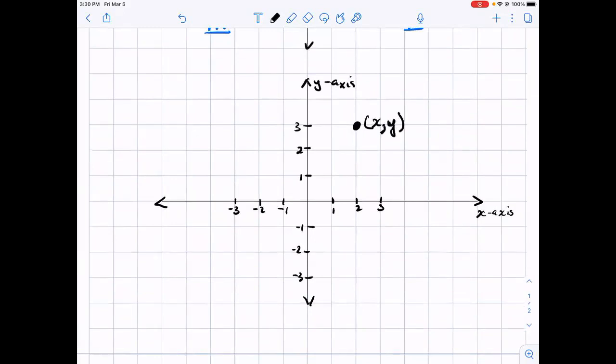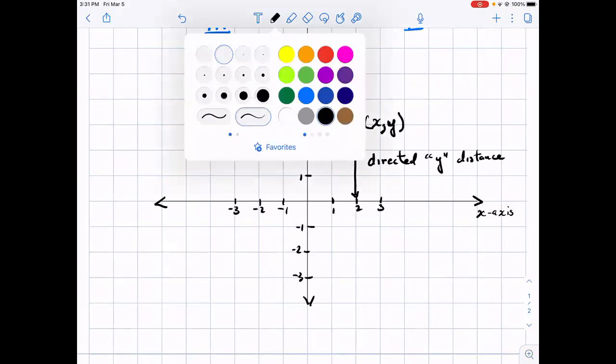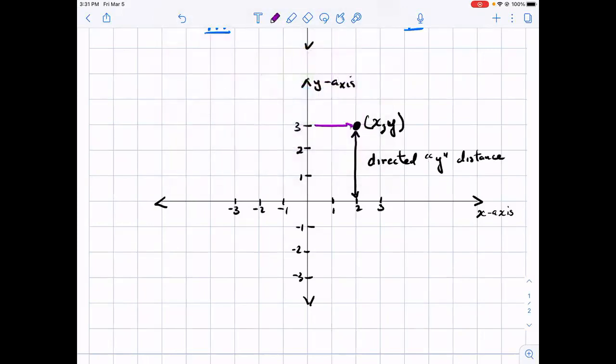So the distance from here to here, from the x-axis, this is our directed y distance. The directed y distance. And the distance this way is the directed x distance.